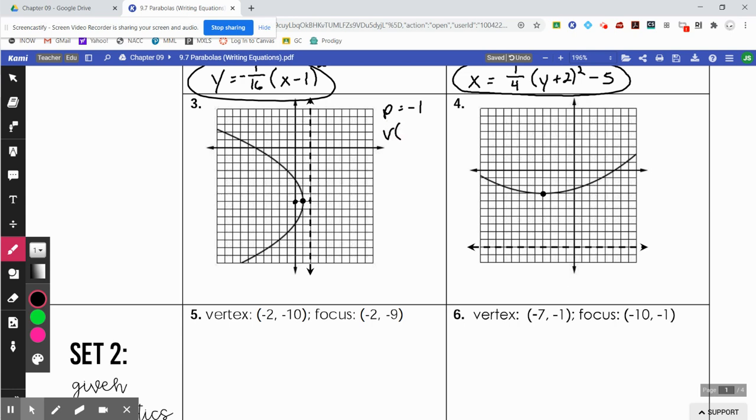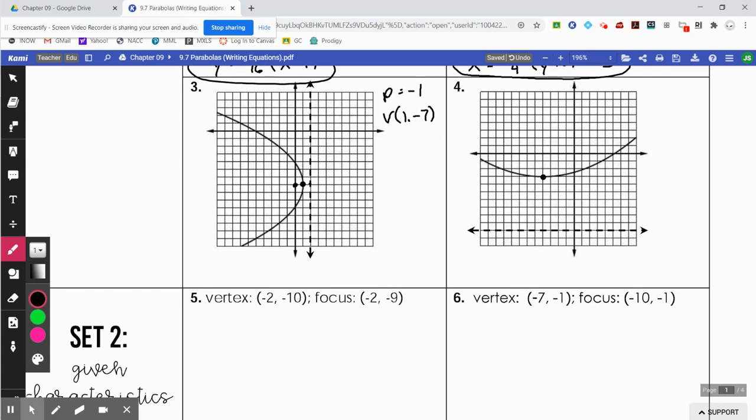My vertex is located at, right here it is, 1, 2, 3, 4, 5, 6, 7, so (1, negative 7). So therefore it's a horizontal, so let's start with x equals. 1 over 4p is going to be a negative 1 over 4 when you plug that in. To move it down 7, we're going to put a plus 7 on our y. To move it to the right 1, we're going to put a plus 1 at the end, and there's going to be your parabola.